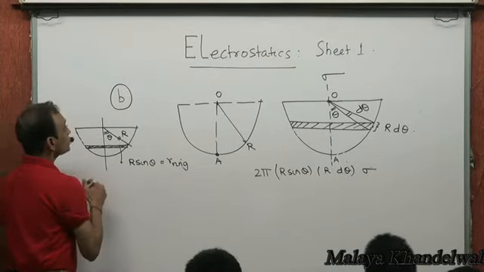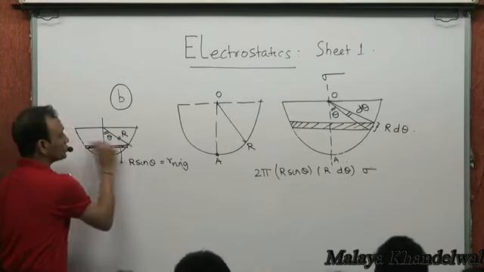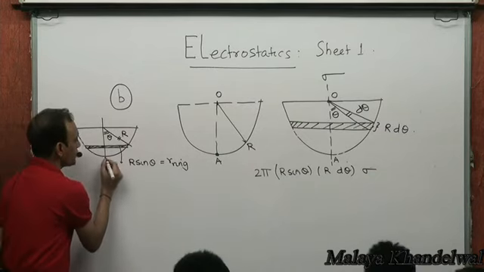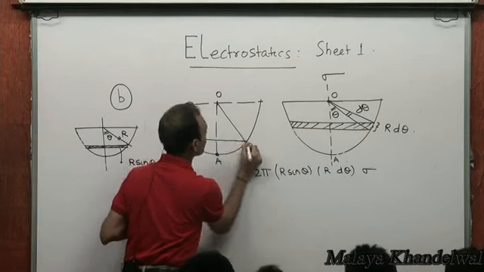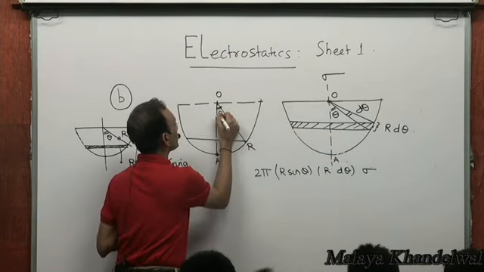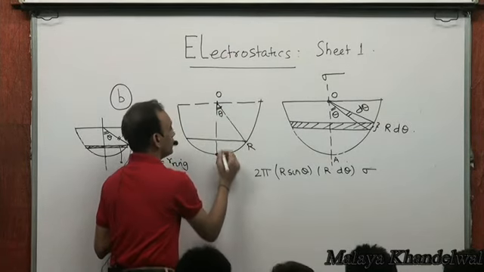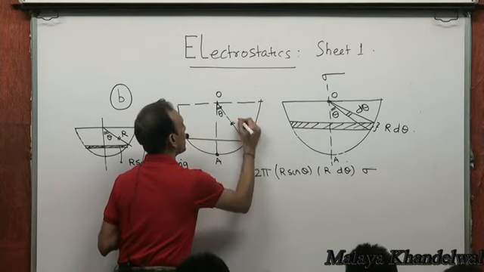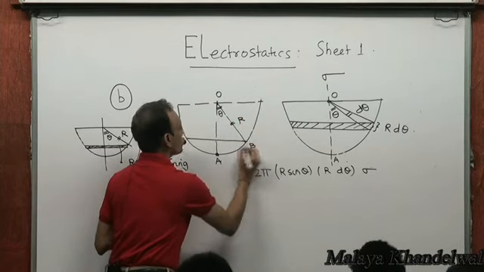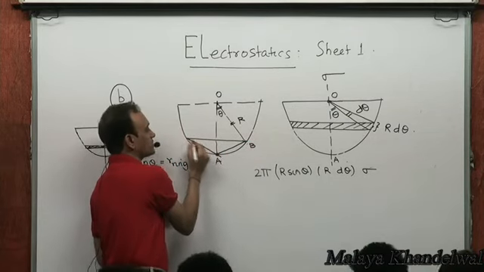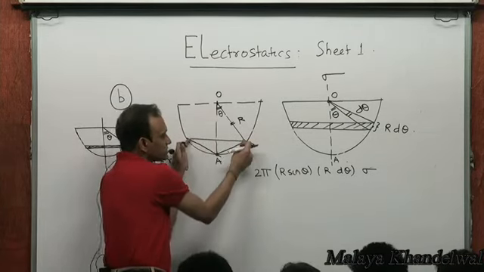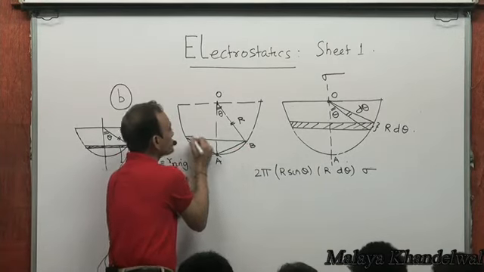Now, if there is this ring, I know the charge on this ring, and I want to compute the potential at this point A. This is theta. Then realize that OA equals OB equals r. Then this is the slant height of the cone of which this ring forms a part.